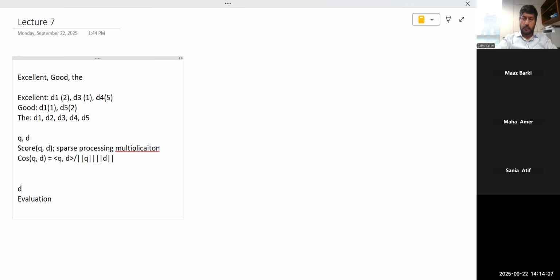Okay? So for one query you have to check against all documents, and the cosine would be computed for each document and each query. And based on this, you rank the documents.